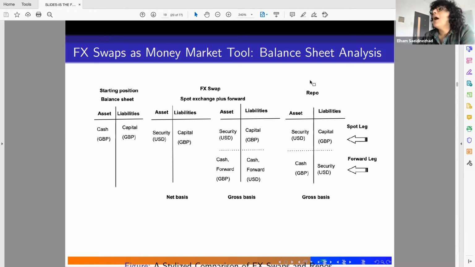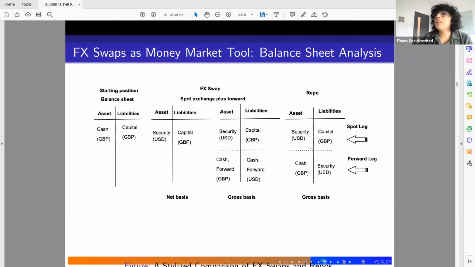Now, as a result of this financing, the balance sheet has expanded and it has this new component. On the asset side we have the cash, and on the liability side we have the security. The only apparent mismatch here is a mismatch in the FX, which means that the assets and liabilities are actually denominated in different currencies.